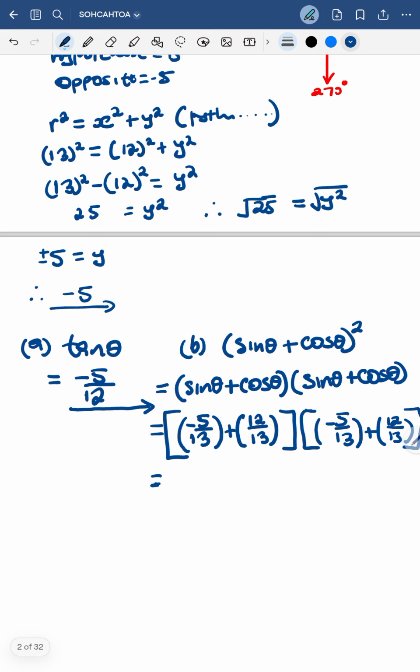So negative 5 plus 12. So that is gonna be 7 over 13. Then you write again there. Still gonna be the same thing.